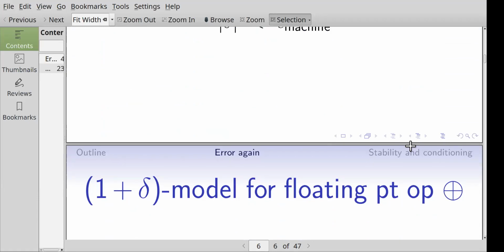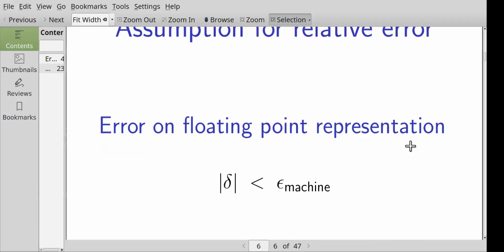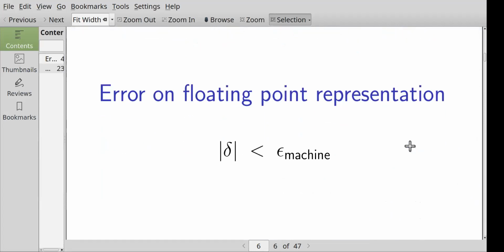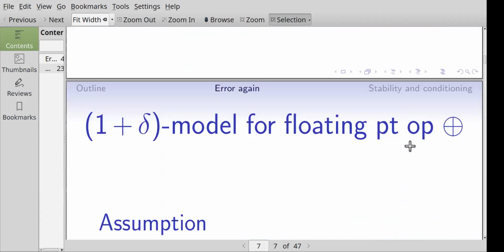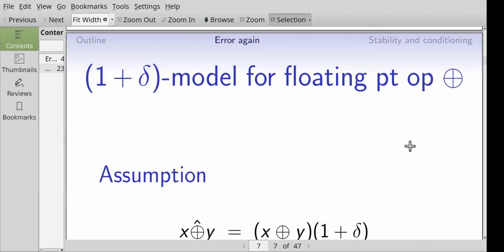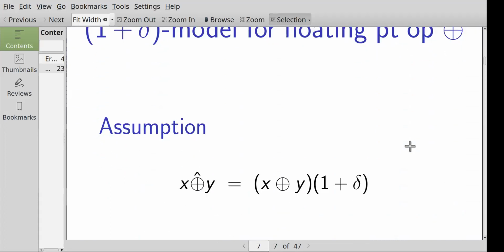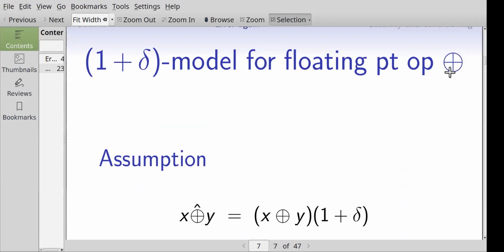Now, when we're discussing these errors, we're talking about the errors on the numbers. We also did some preliminary discussion about floating point operations. There's some error which results from the floating point operation. Okay, so there's this perfect floating point operation, and then there's the actual algorithm which tries to implement the floating point operation, which I put a hat on top of.